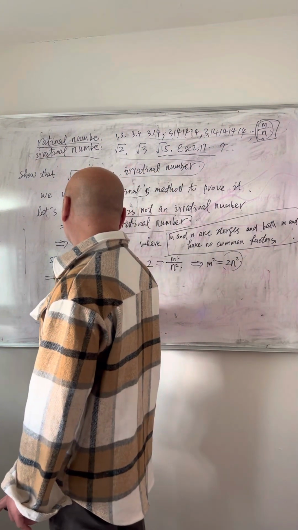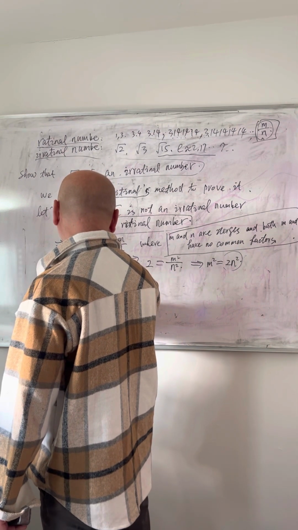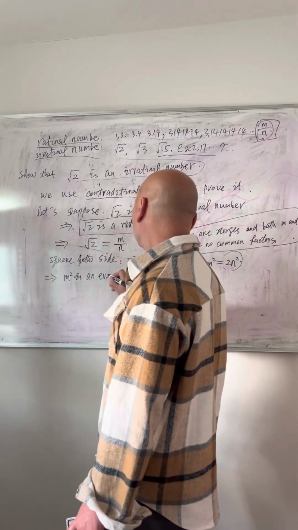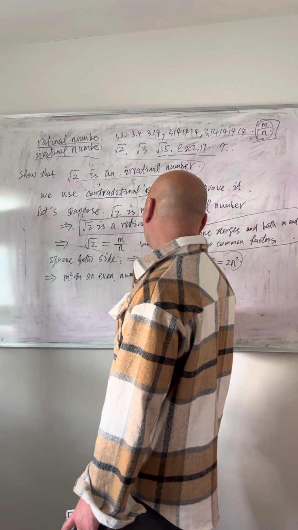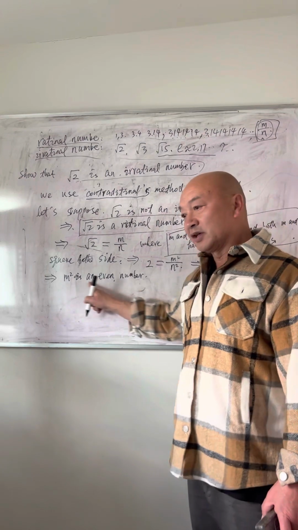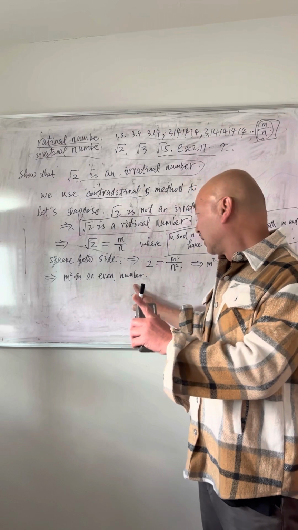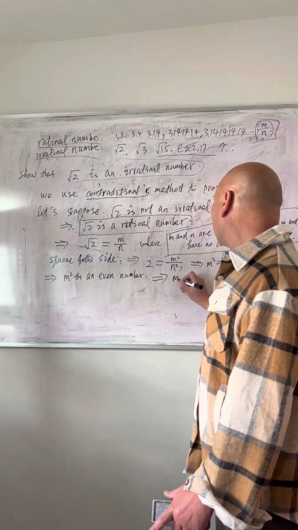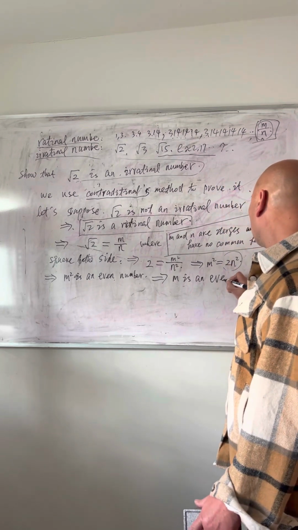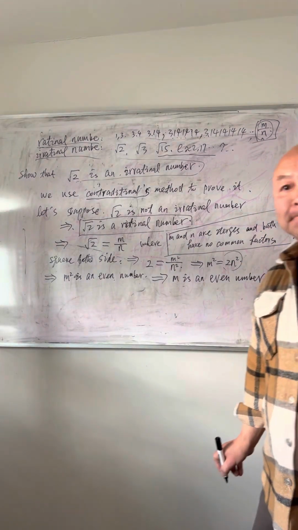So an integer whose square is even must itself be even, so we know m is an even number.